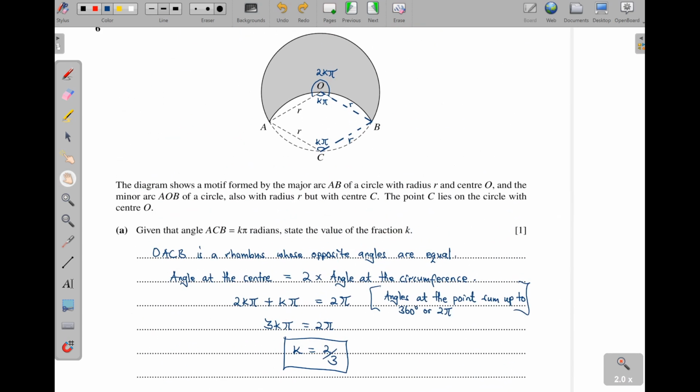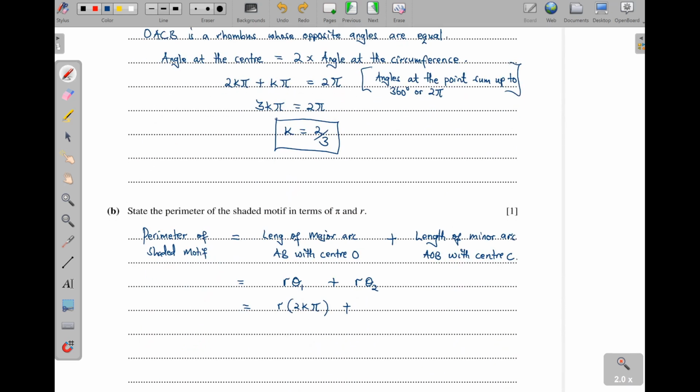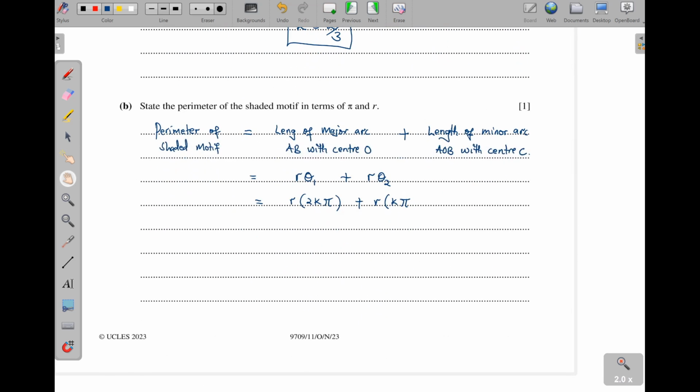The angle is this one here, K pi, because this is the arc, and the angle subtended is this K pi down here. So we shall write r times K pi. Now r is common, not so.